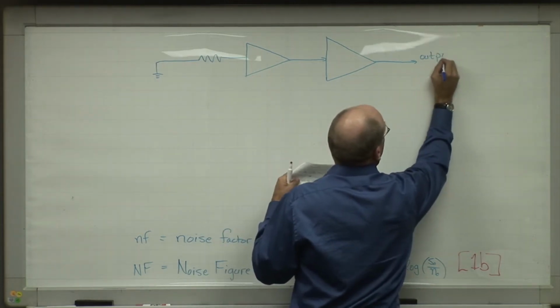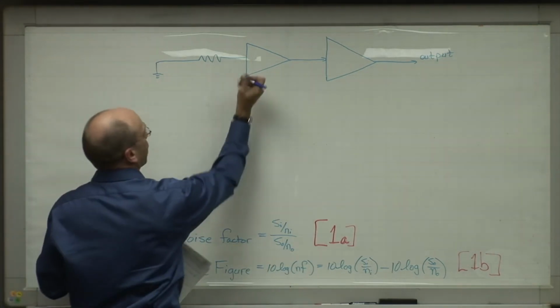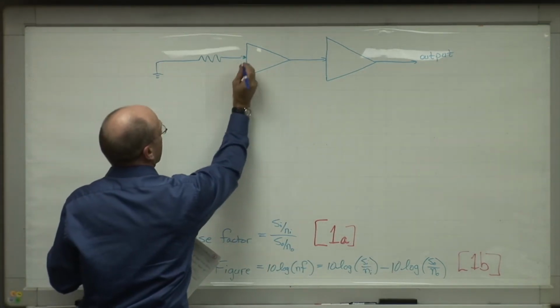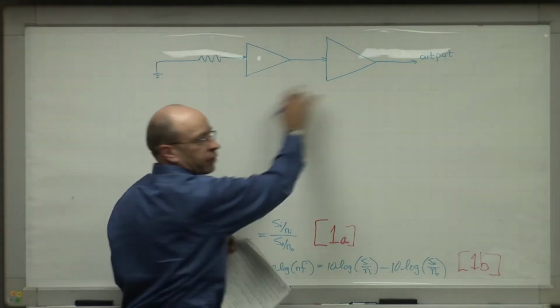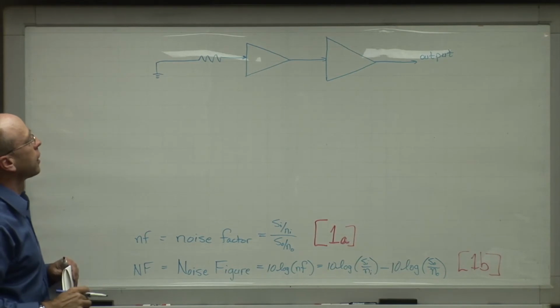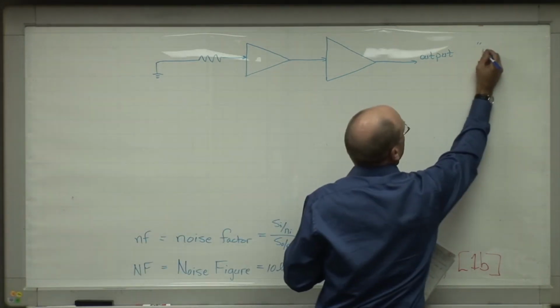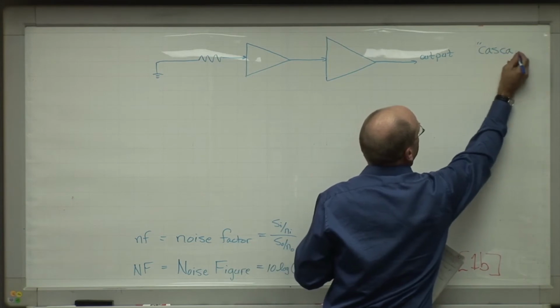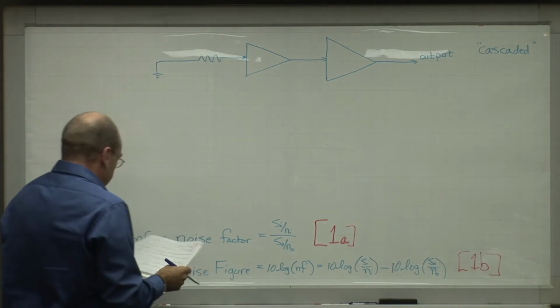We're going to come up with a generalized expression for how a set of amplifiers will behave, or for that matter, a set of two-port devices, which could include amplifiers, spectrum analyzers, attenuators, etc. But for the moment, we'll put two amplifiers in series with each other. The term that is used for these is cascaded, which just means that you've got one running into the next.